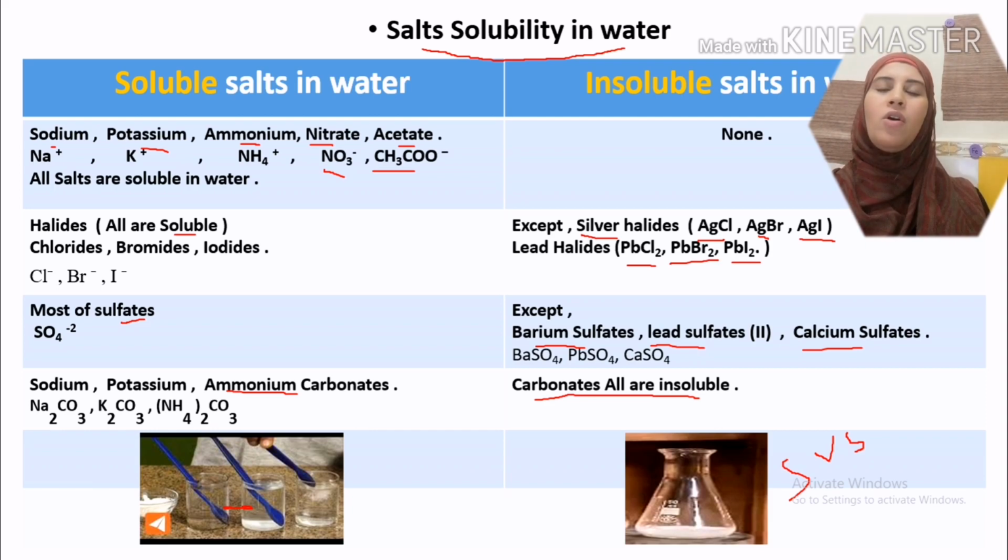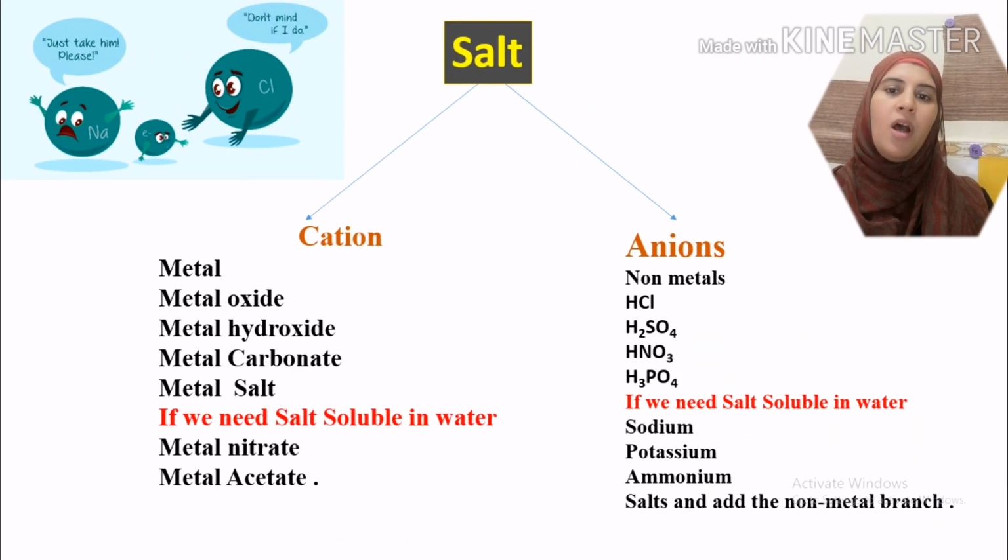Now we will start to know the constituents of our salt. Our salt consists of two main parts. Any salt is like our family. Any salt consists of a cation. He is the father.